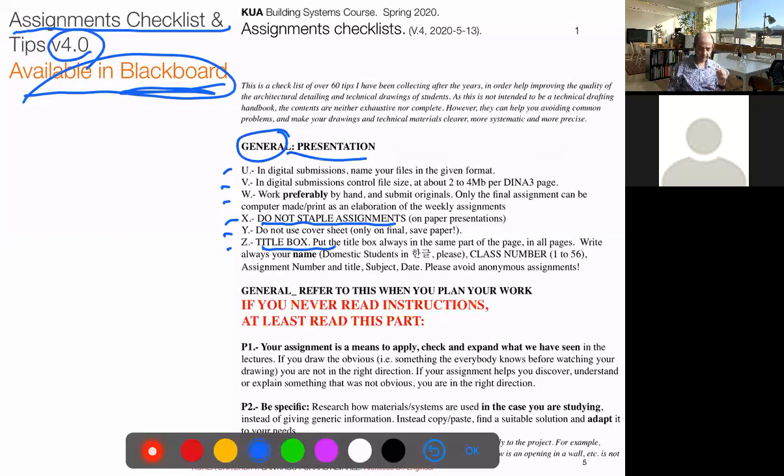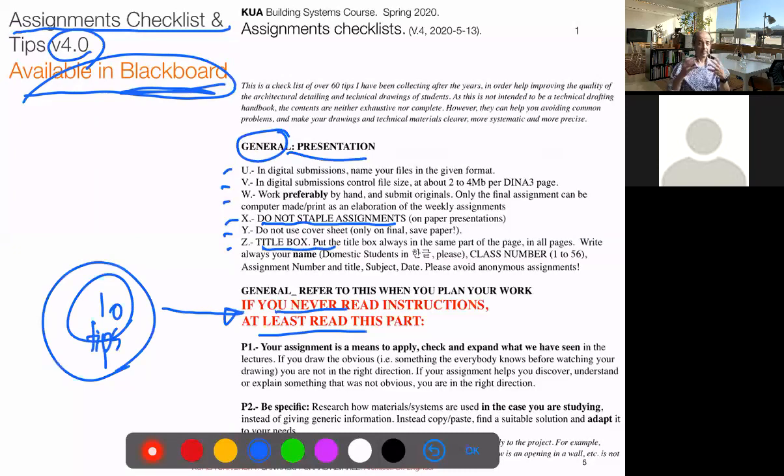Then, very important, you have a set of 10 points. If you never read anything, please at least follow the basics. This is very much common sense, but it will help you understand much better how technical drawing sets are organized, and will give you some guidance or discipline on how to do things in an organized way, not random or disorganized, which often happens because probably nobody taught you about it.